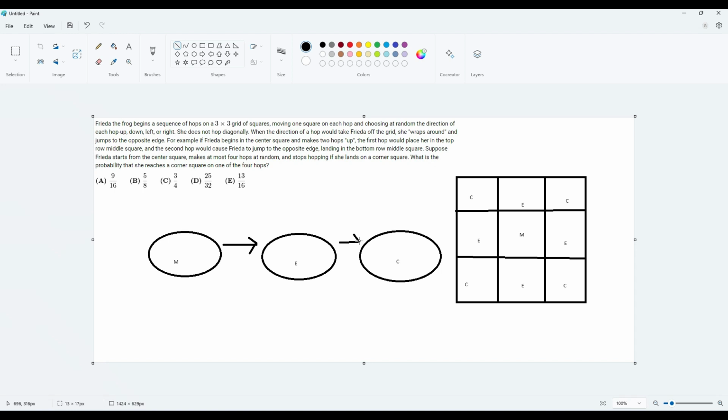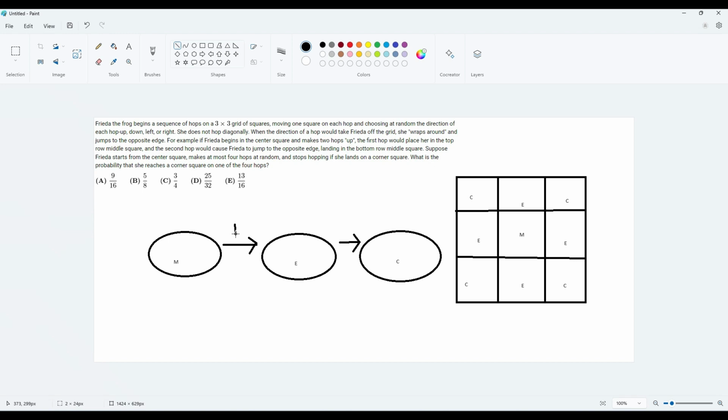By default in this problem, the middle would always go to the edge. So we can draw a fraction here, but not really a fraction, just one probability, because the middle always goes to the edge.